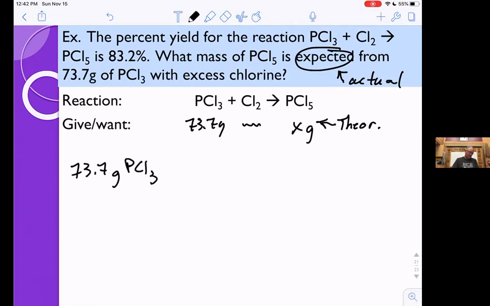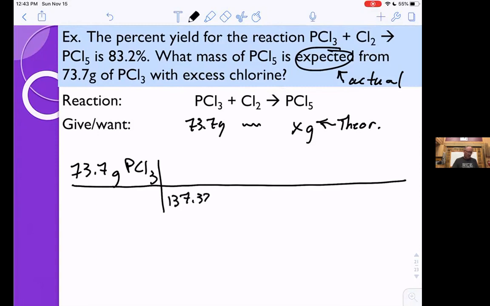Okay, so I'm setting this up to solve for my theoretical yield, 73.7 grams. I'll need the molar mass of phosphorus trichloride, which is 137.32 grams PCl3. That'd be 1 mole. And it is a 1-to-1 ratio. It's balanced, right?